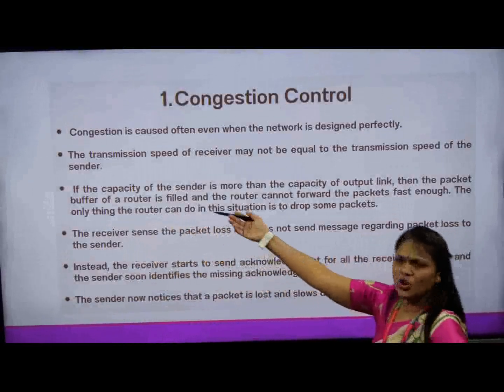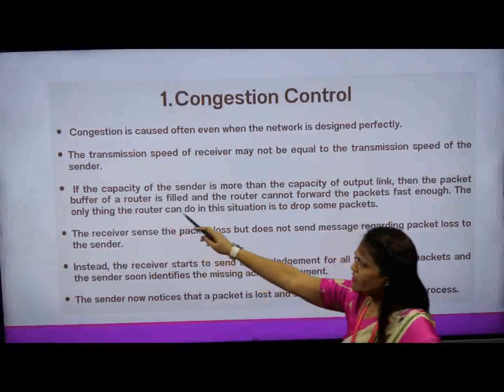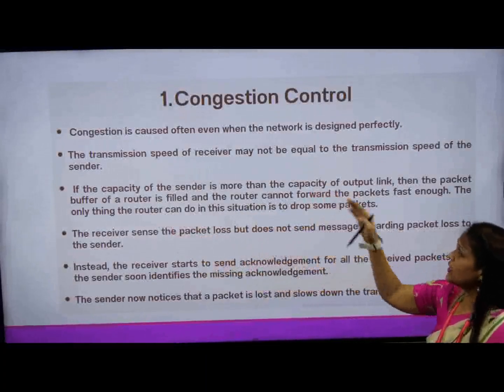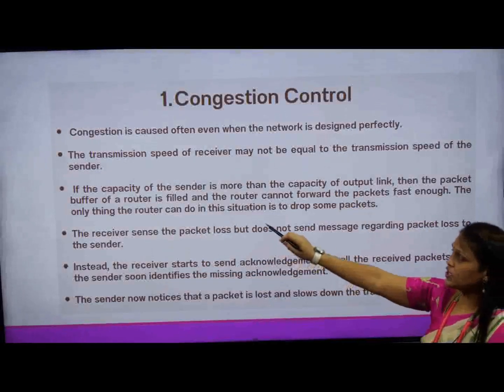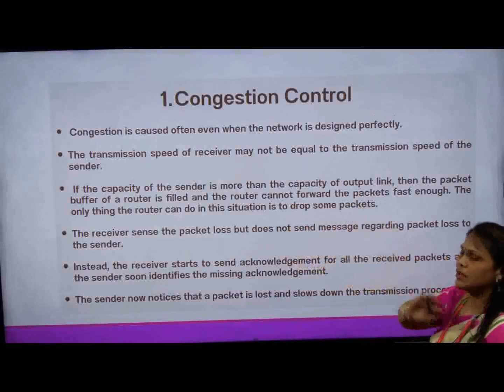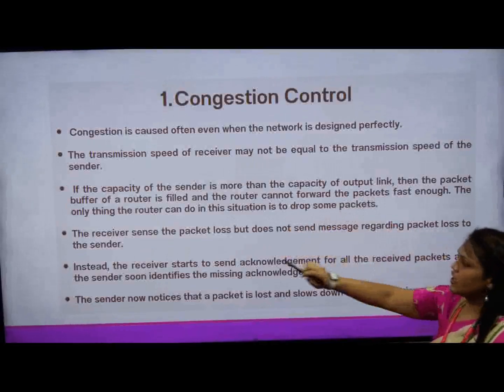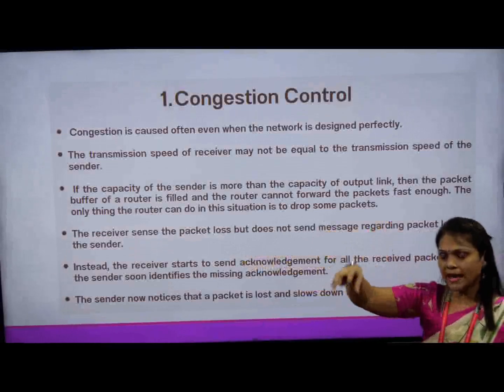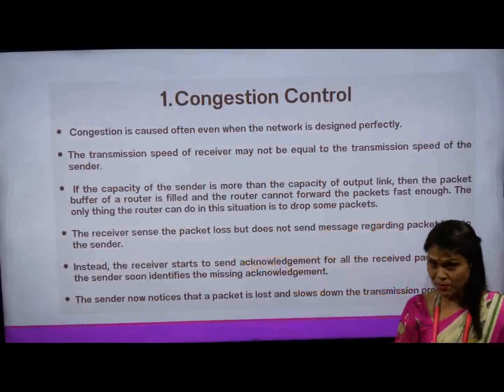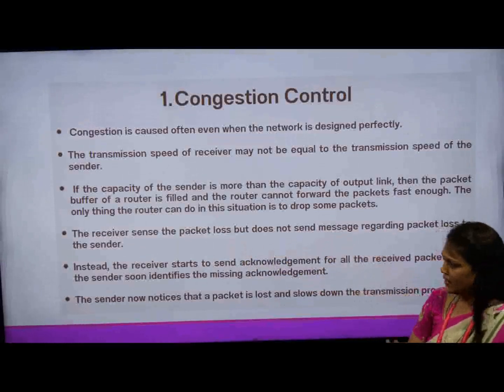See here, it's already clearly mentioned. If the capacity of the sender is more than the capacity of the output link, then the packet buffer in a router is filled and the router cannot forward the packets fast enough. The only thing the router can do in this situation is to drop the packets. As we dropped the books, the same way the packets will get dropped.